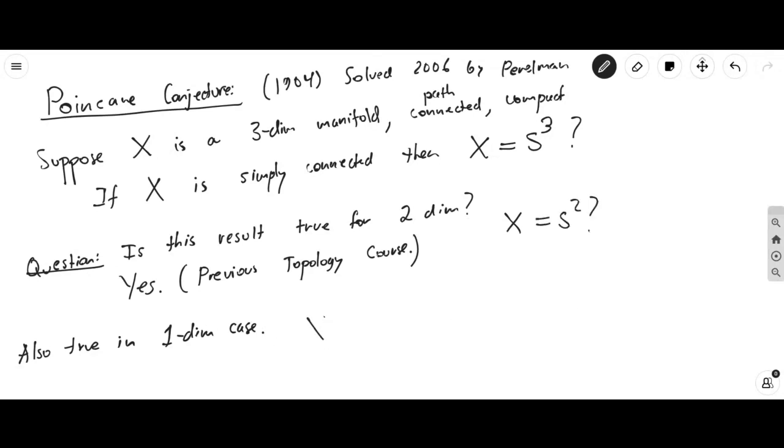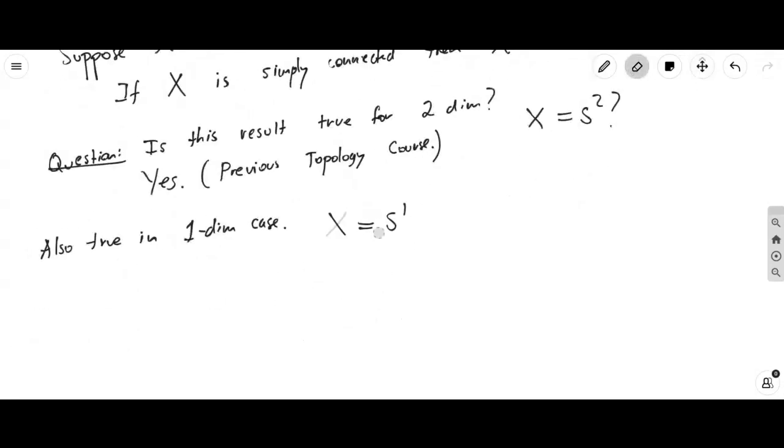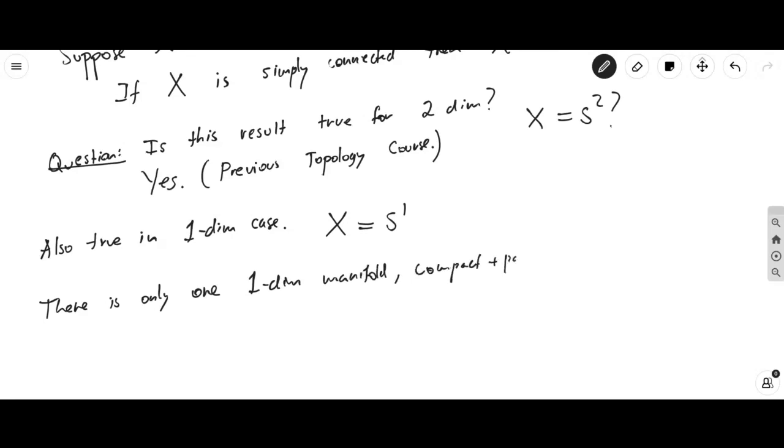And the 1-dimensional case asks, is X homeomorphic to S1? It's kind of funny why it's true in the 1-dimensional case, because there is only one one-dimensional manifold that's compact and path connected, and it is simply just S1.